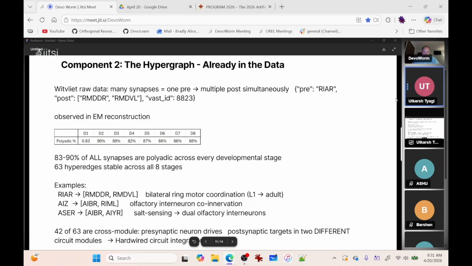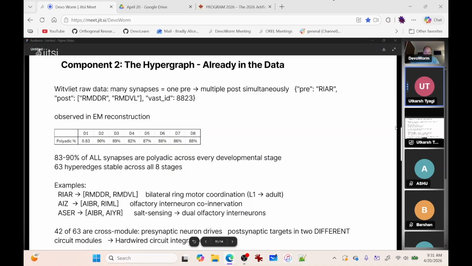What I found when I extracted these is that 83 to 90% of all the synapses in Witvliet are polyadic across every developmental stage. Thus, standard pairwise graph analysis would misinterpret the actual connectivity by flattening these into independent edges, which is why we need hypergraphs.